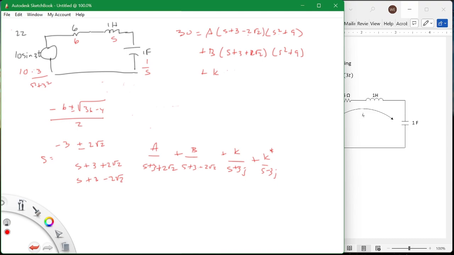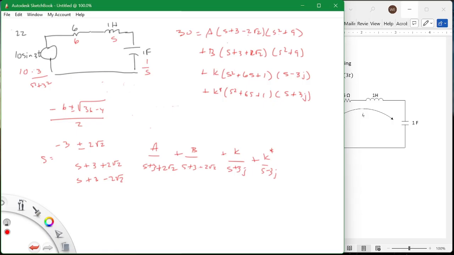It'd be s plus 3 minus 2, times, right, this is the s squared plus 6s plus 1 times s minus 3j, plus K times s squared plus 6s plus 1 times s plus 3j. All right? Find those four values.